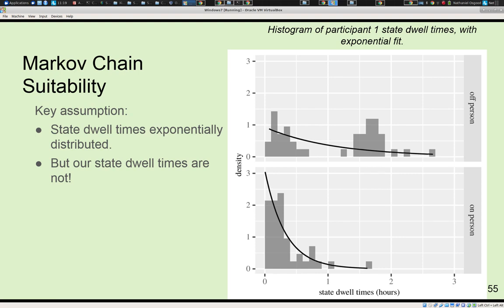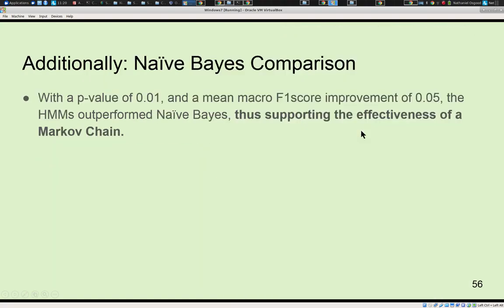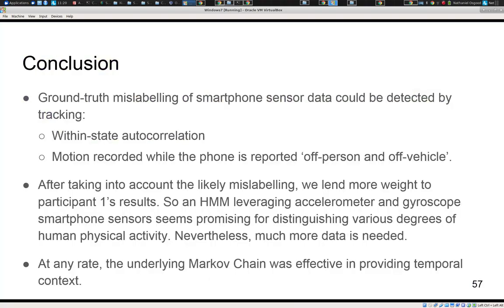If it's been off person for a certain amount of time, it makes it more and more likely at some point that it will stop being off person. It's not just that every successive hour it's off person, I have the same chance of picking it up no matter how long it's been off person. It rather depends on how long it's been off person. So it's not memoryless, okay?